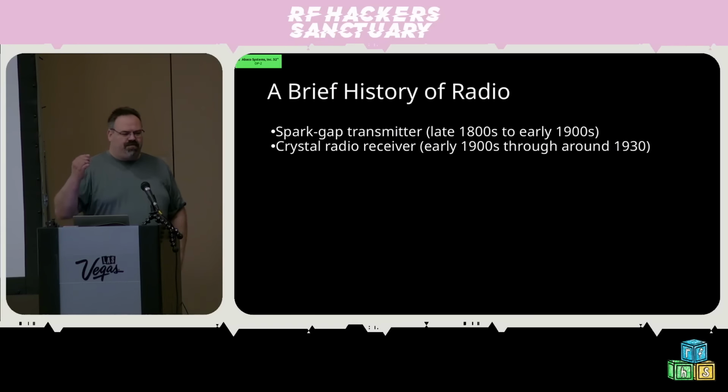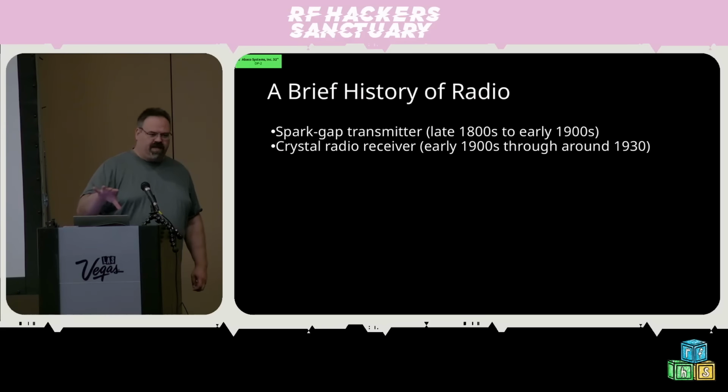And then you have a diode, or what they called the crystal. It's just like a germanium diode, germanium crystal, which is one of the early diodes. That would actually rectify the signal to produce an audio wave. I'll talk about the modulation of that a little bit later. That was used for AM reception, amplitude modulation.